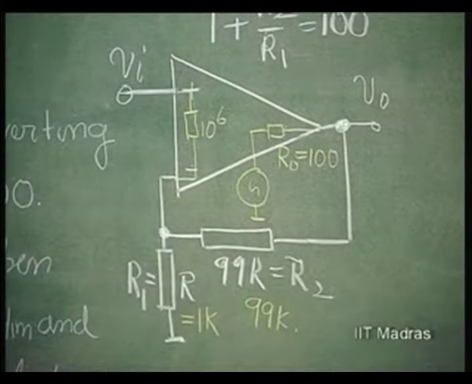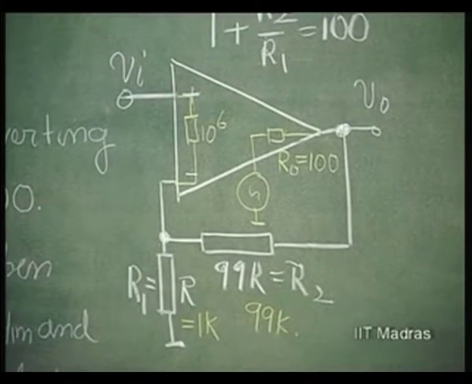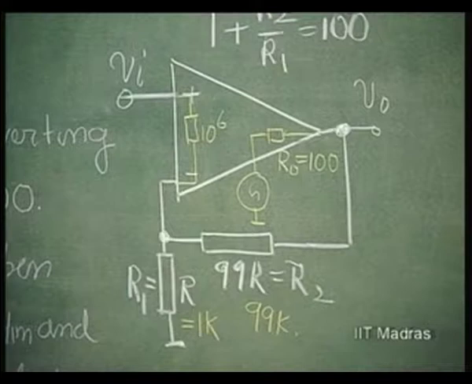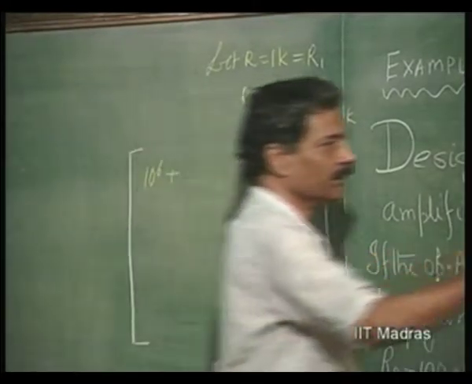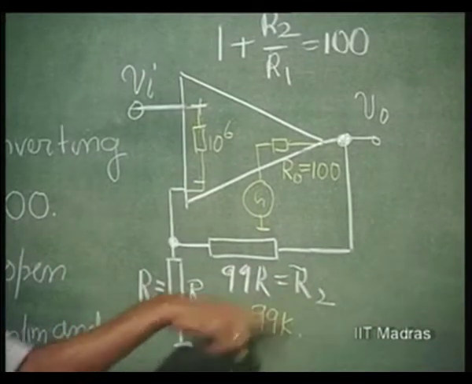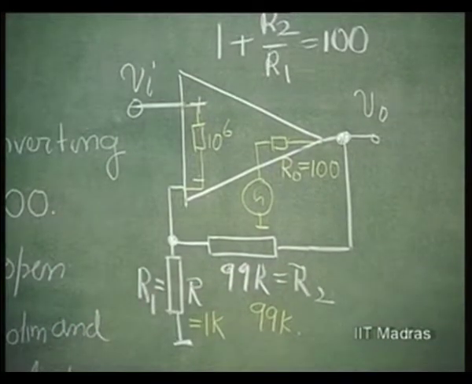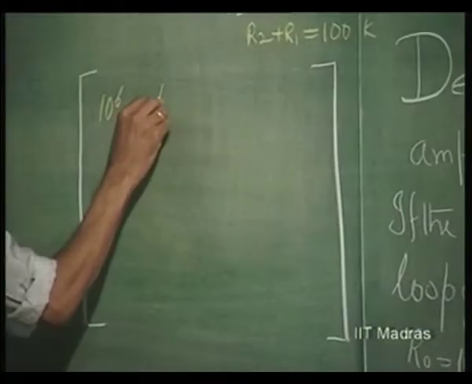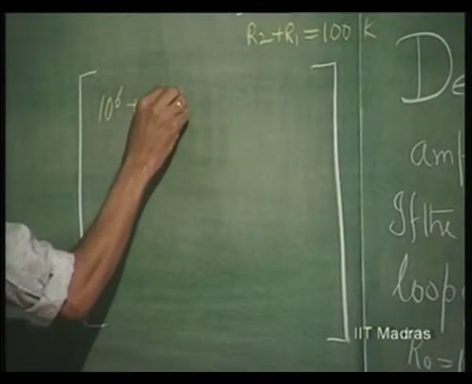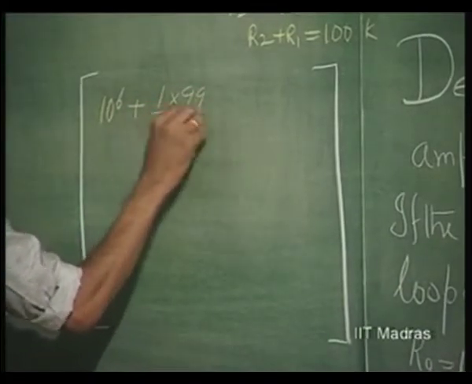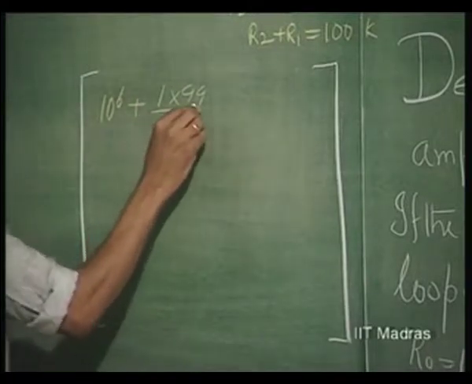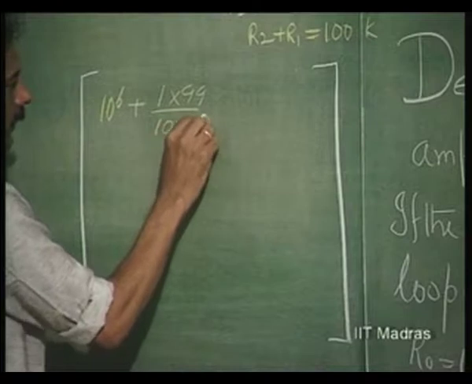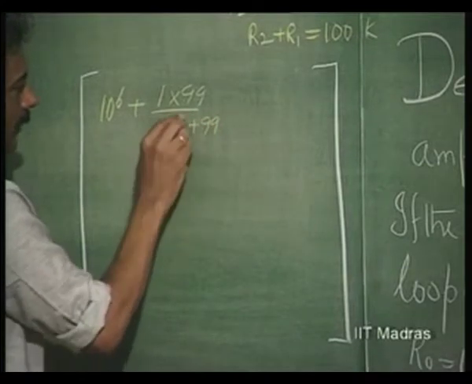In this case, therefore, Hi is nothing but 10 to the power 6 ohms. You short circuit this plus 1K parallel 99K. 1K parallel 99K. 1K plus 99K.